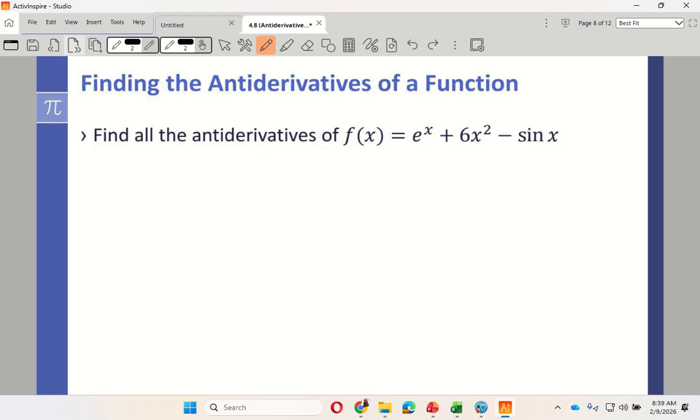It says find all the antiderivatives of this function. Now, that wording is important. All of it means that I'm going to get an equation that's going to have a plus c, which is a value that I could plug in for any of my x's and y's.